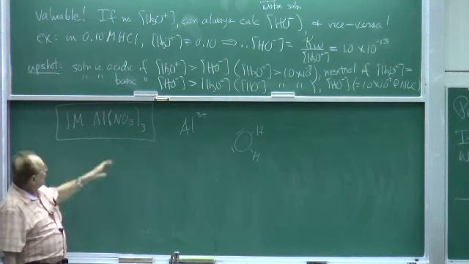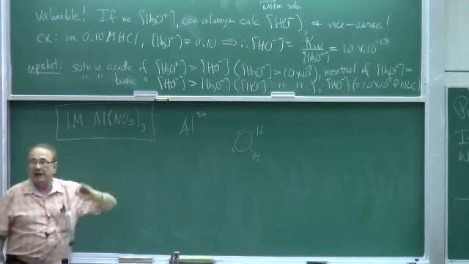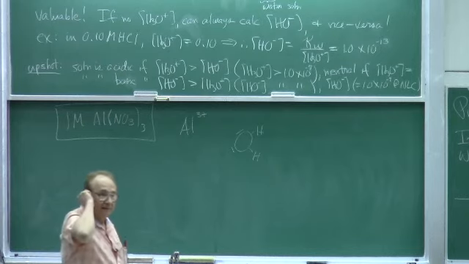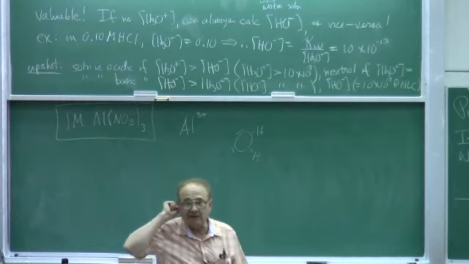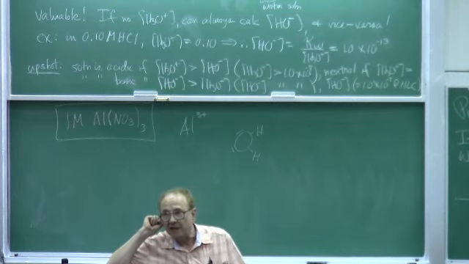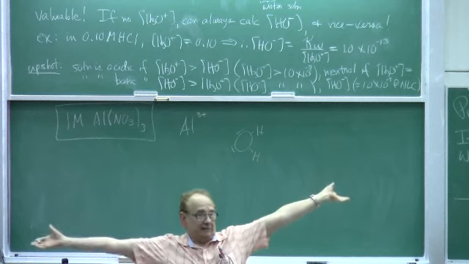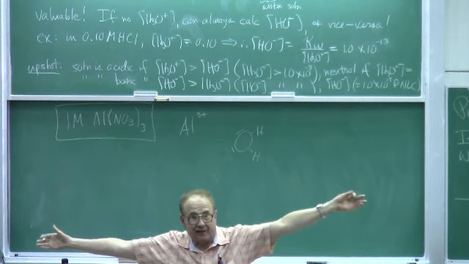Okay? So when I put this in water solution, like all ionic compounds, what does this ionic compound first do? Dissociates, right? Ionic compounds, as they dissolve in water, dissociate. And what do they dissociate into? Their component ions. Aluminum ions and nitrate ions.